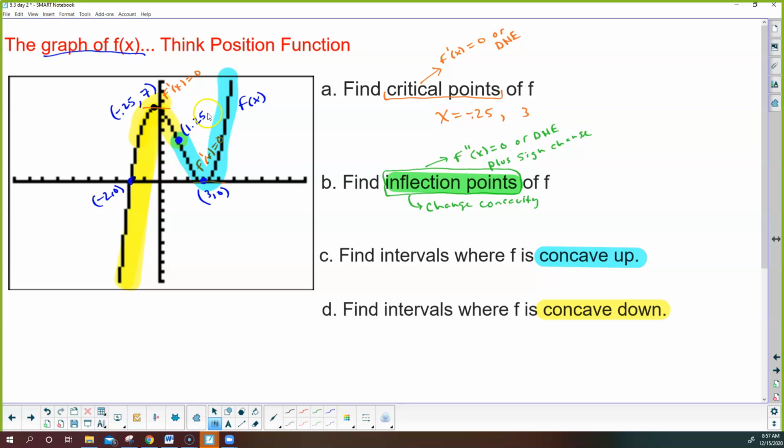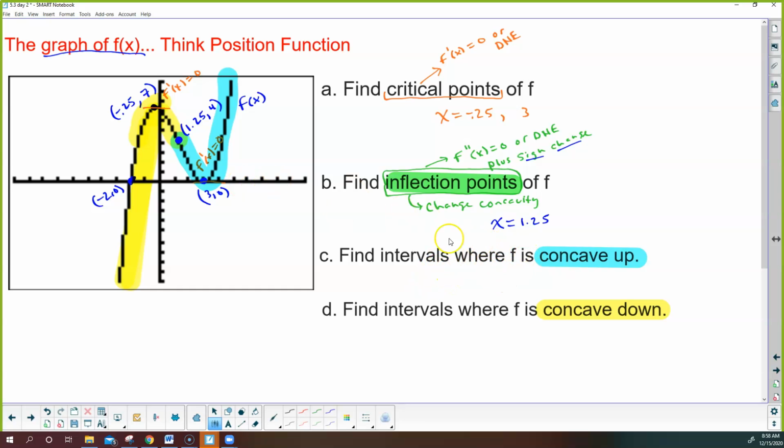That's not necessarily true, but let's just call this the point 1.25. So there is a change in concavity at x equals 1.25 because my second derivative changes signs there from negative to positive.